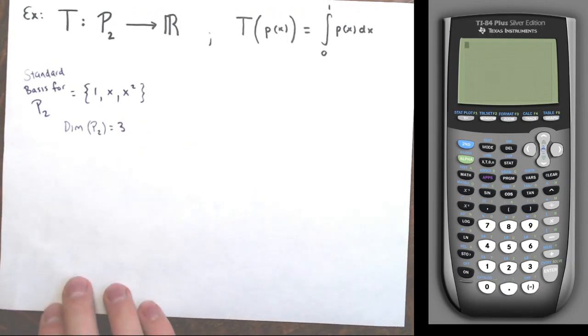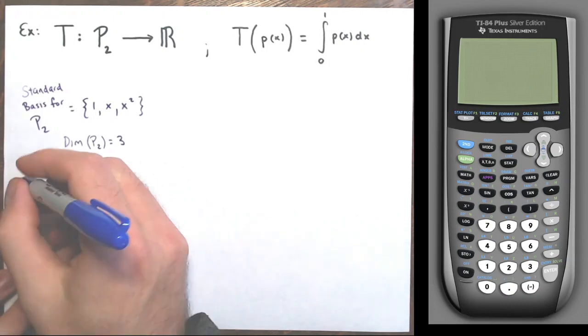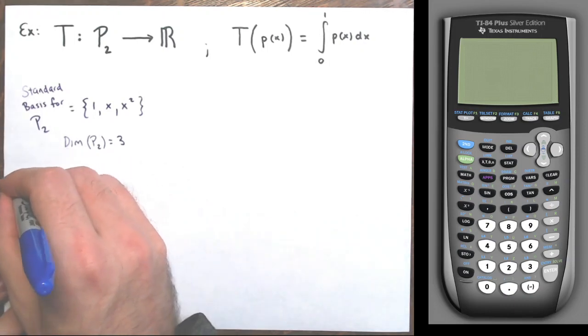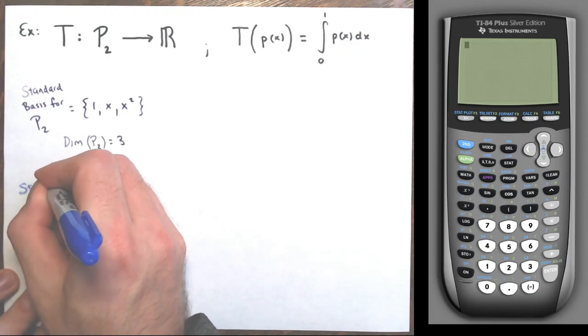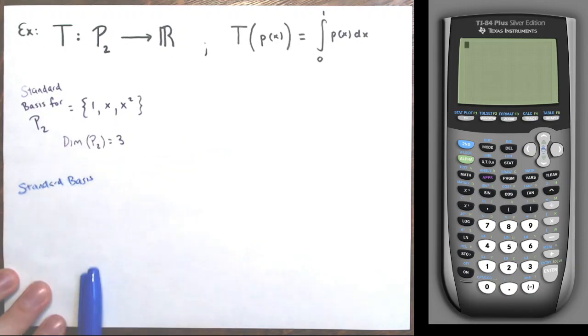So the dimension of P2, as we've seen earlier, is 3. All right, and a standard basis for the real numbers is just the number 1. Every real number is some scalar multiple of 1. Some real number is just that real number times 1. Oh yeah, and I called this B, didn't I?